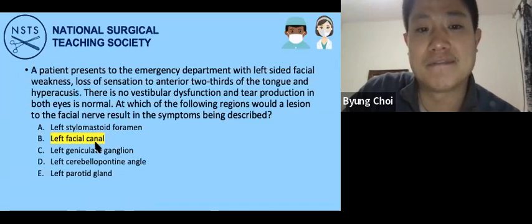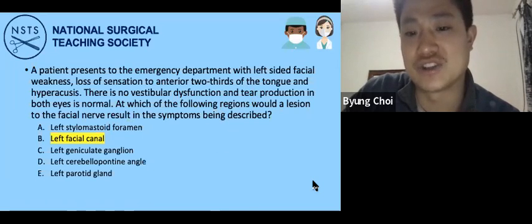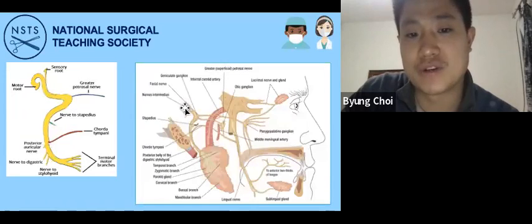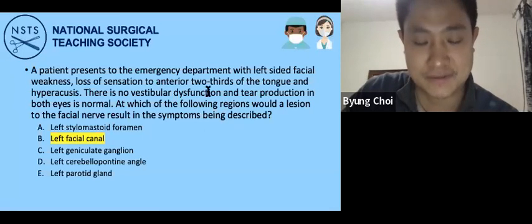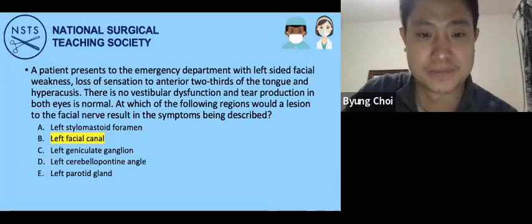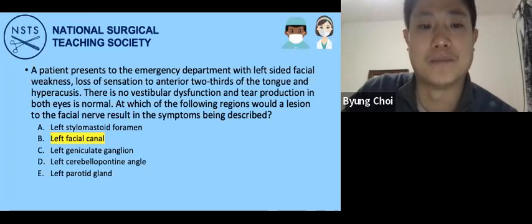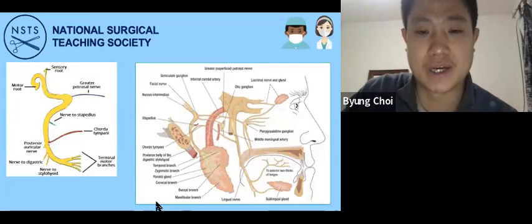And so if the tear production function, as it is in this question, was normal, then we know that the lesion isn't in the left geniculate ganglion. Okay, and also a lesion purely at the left geniculate ganglion, as it's already come off here, you wouldn't get the constellation of symptoms within this question, because tear production is normal in both eyes.